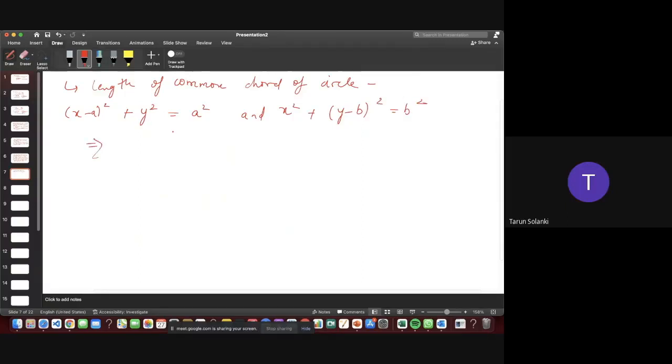Solving this, you will get 2ab divided by under root of a square plus b square. So the length of the common chord of these circles is 2ab divided by under root of a square plus b square, right?